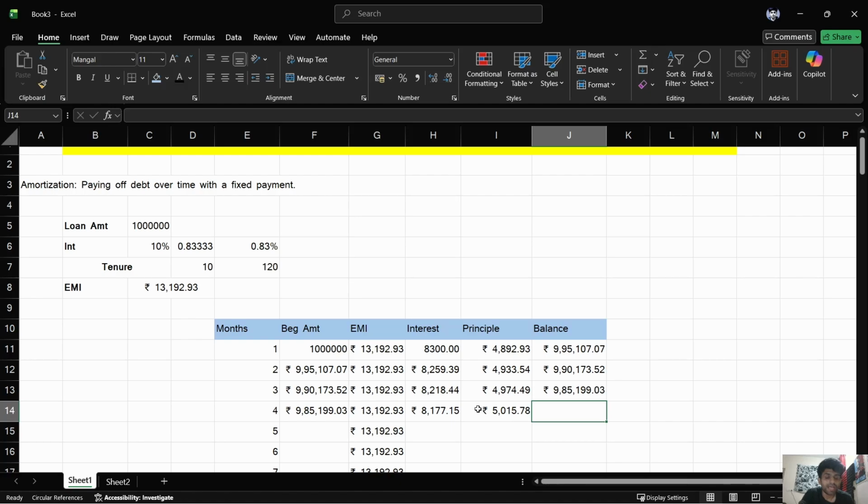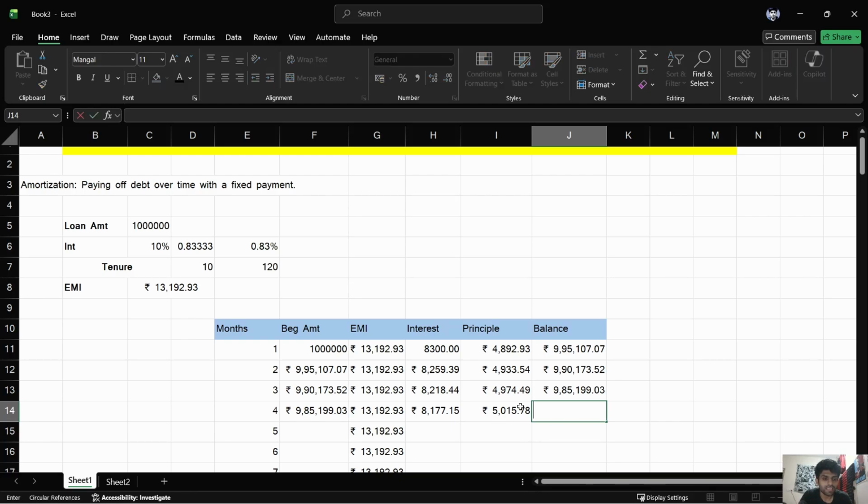As I said earlier in the video, in the beginning of your loan repayment period, in the initial few months or maybe years, most of your EMI would consist of interest and less of principal. But as you go towards the end of your repayment period, your EMI would consist more of the principal and less of the interest.